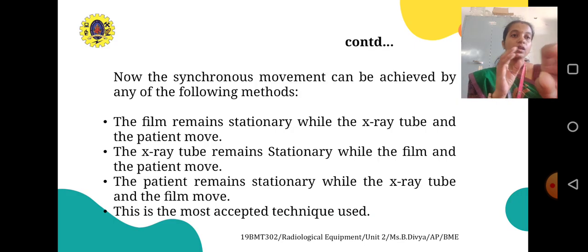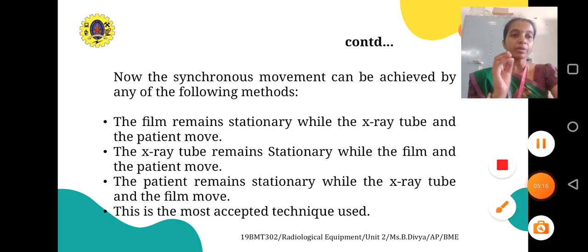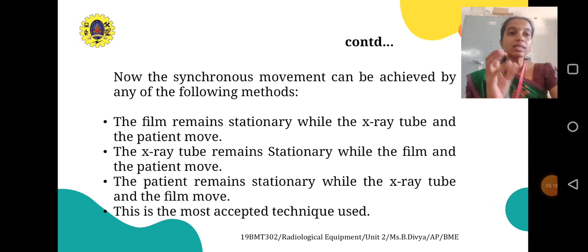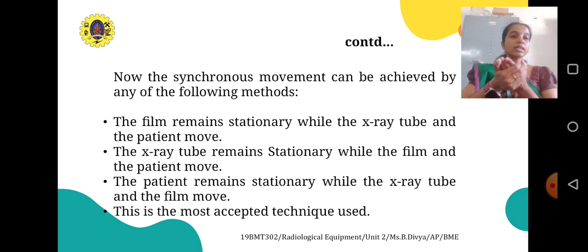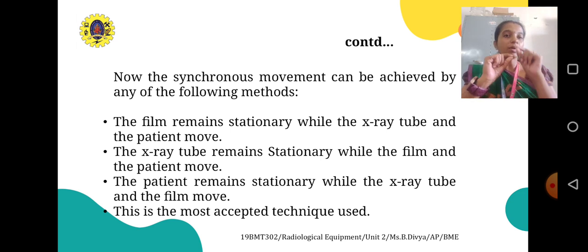Next, a continuation of the previous one. The synchronous movement can be achieved by any of the following methods. We have four types of methods, so that the point which is to intersect can be achieved. First, the film remains stationary while the X-ray tube and the patient move.